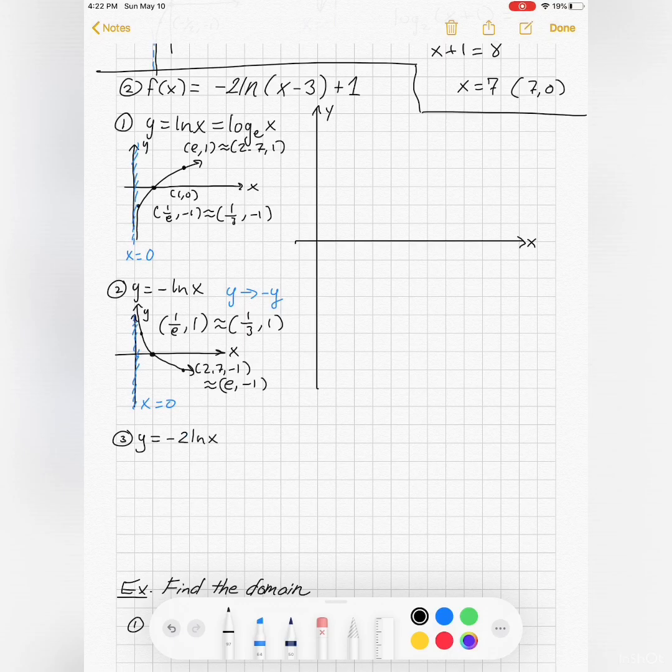Remember, I have to do all my multiplications before my additions and subtractions. Okay. Multiply all the y's by 2. This is a vertical stretch.